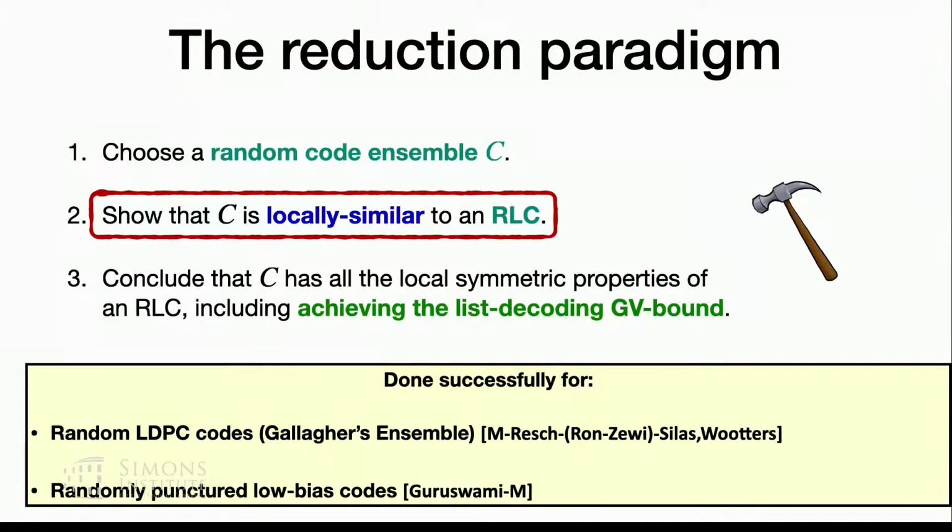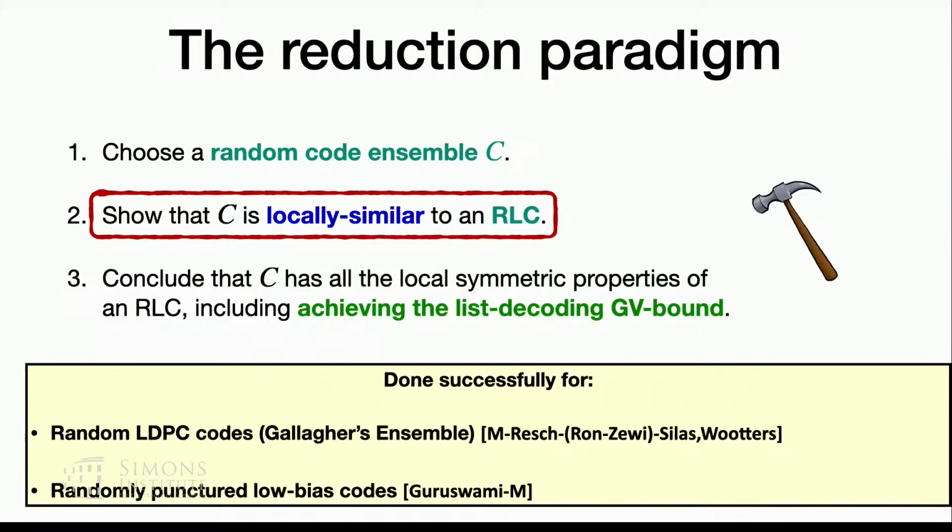One is the ensemble of random LDPC codes, known as Gallager's ensemble. So these are codes where the parity check matrix is essentially a random sparse matrix. And this is the first work that the threshold theorem appeared in, with Nick Resch, Noga and Shashank, Shachar Lovett and Mary.